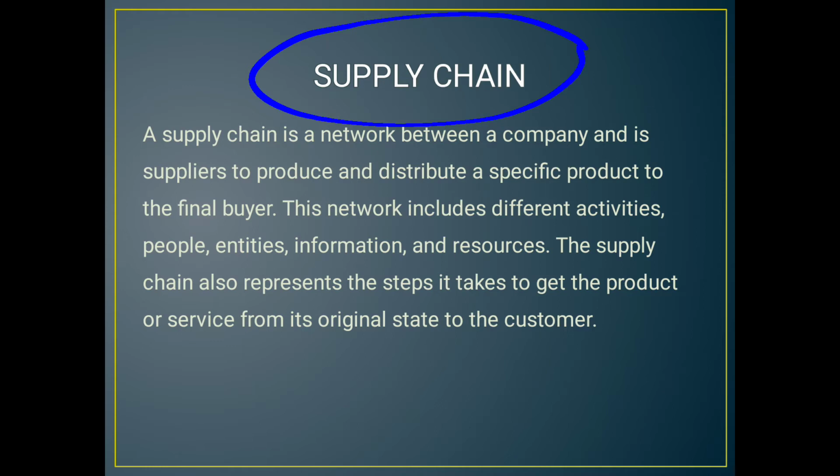Hope you understood. This network includes different activities, people, entities, information, and resources. The supply chain also represents the steps it takes to get the product or service from its original state to the consumer.